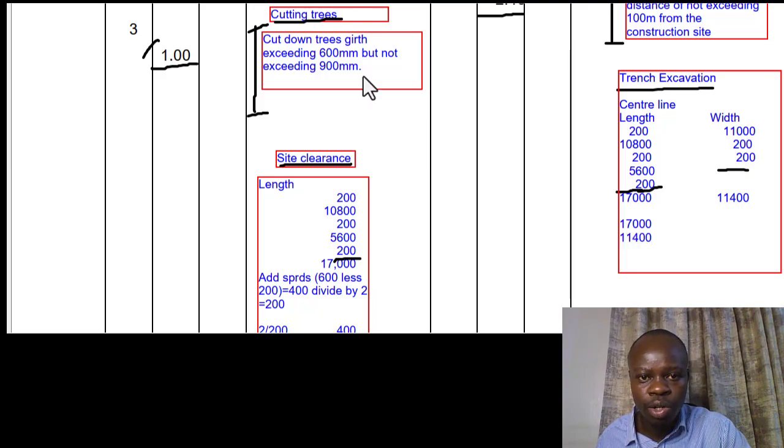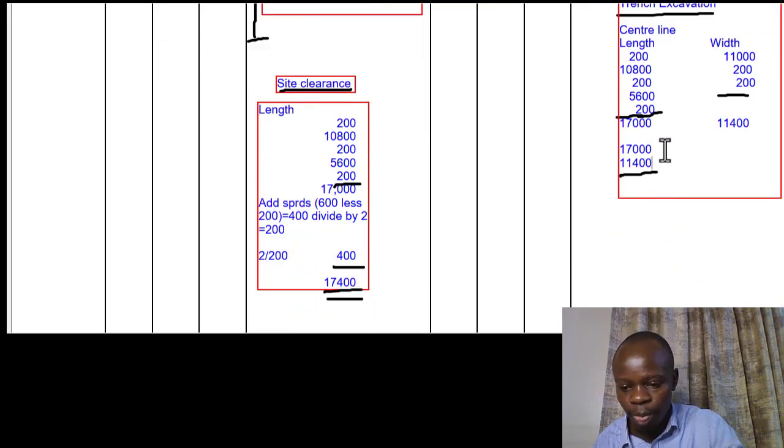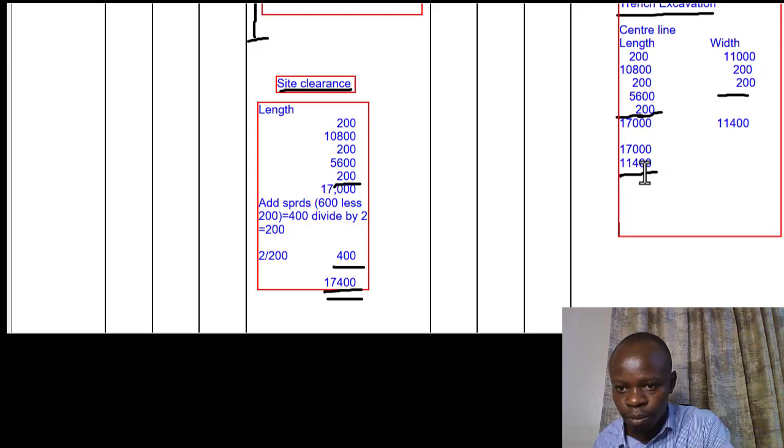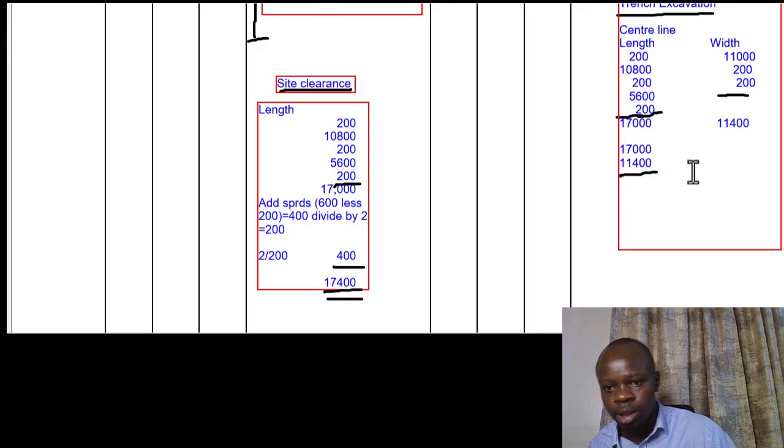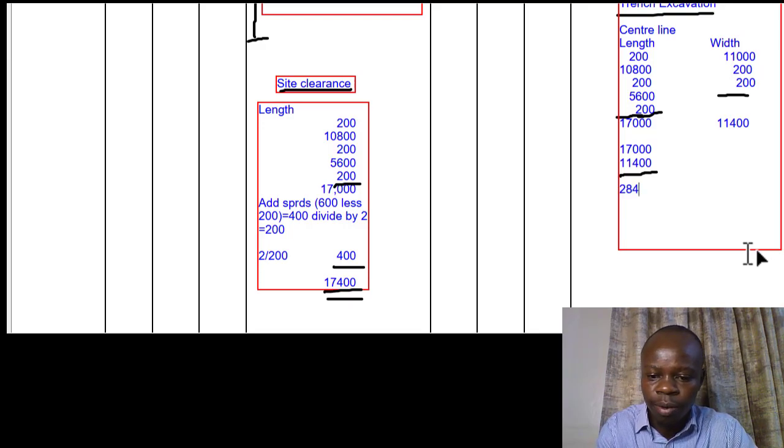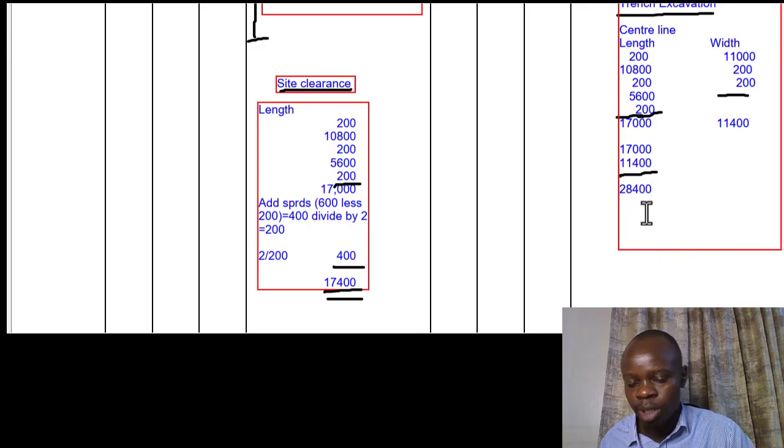When you add these two, you get the two sides of this particular plan, and that is 28,400. Then you need to multiply this by 2.